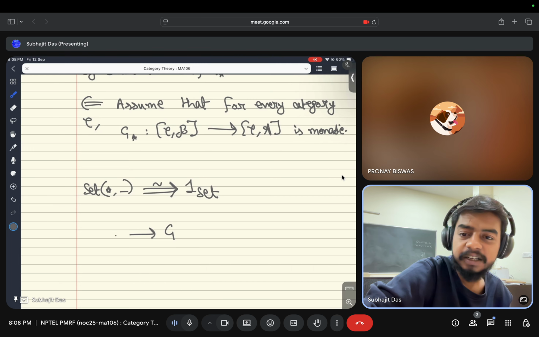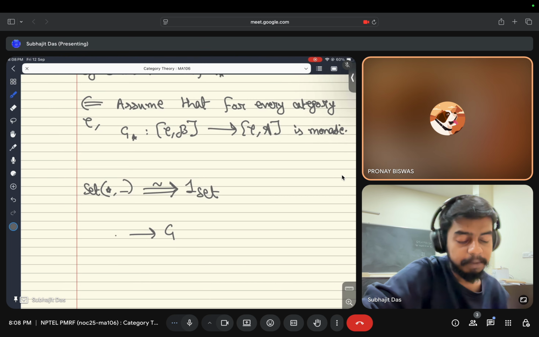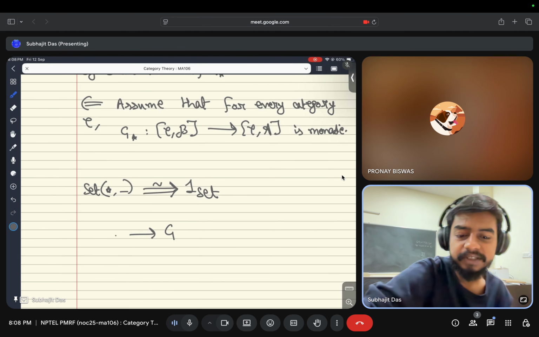It's Z, right? The group of integers. Maps from Z to G are exactly elements of G.